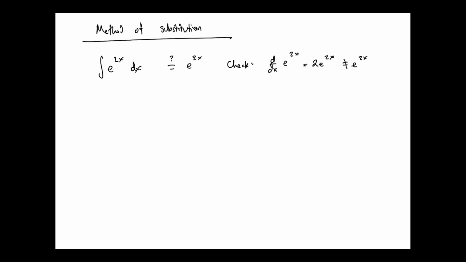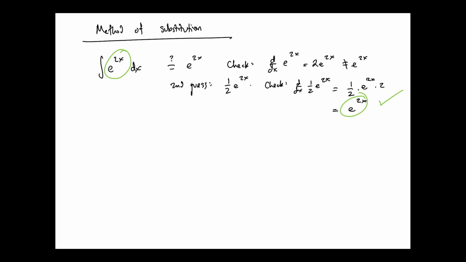So then we made a second guess: let's say it's 1/2 e to the 2x. Check: the derivative of 1/2 e to the 2x is 1/2 times e to the 2x times 2, and that equals e to the 2x. It worked. Oui ou non?